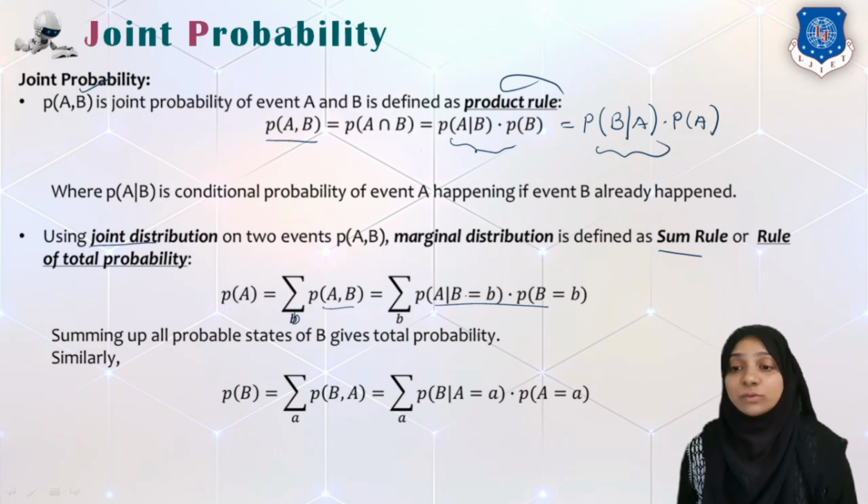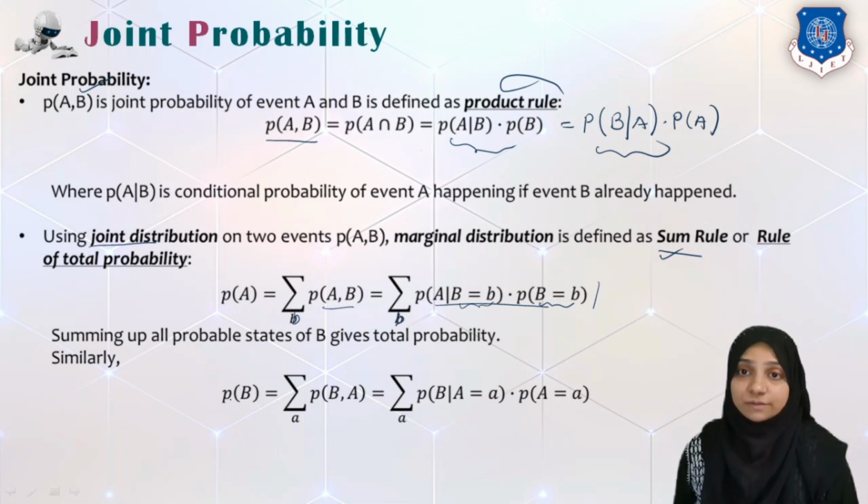So this product rule states that A comma B is defined as A given B into B. So this probability of A comma B is expanded as probability of A given B into probability of B. Now event B can take different values, which is nothing but set B. So for each B we can write B is equal to small b, and this formula is called the sum rule.